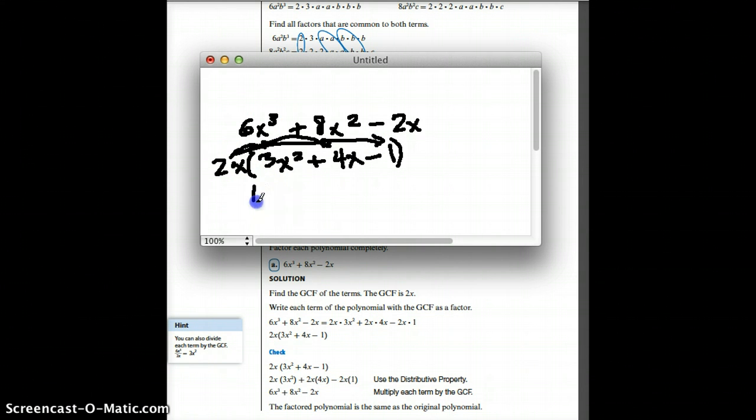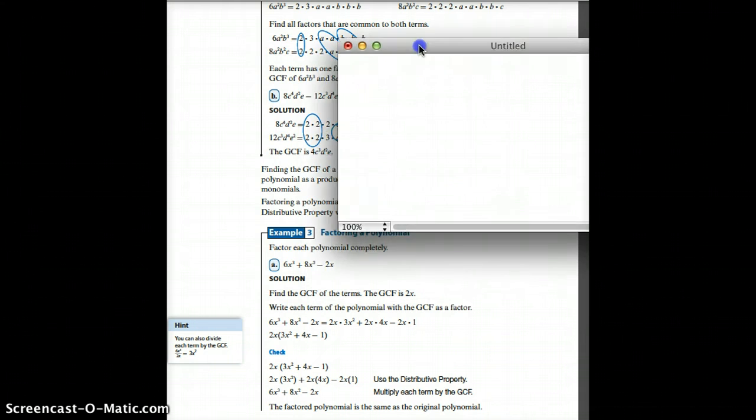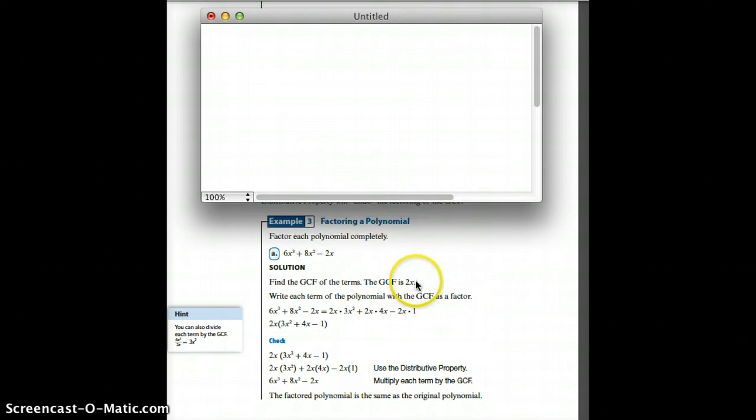So 2 times 3 is 6, x times x squared is x to the third, plus 2 times 4 is 8, x times x is x squared, minus 2 times 1, or 2 times negative 1, is negative 2, and then the x comes along, and you should end up at the beginning. That's the check. Okay. Good. So that was example 3.